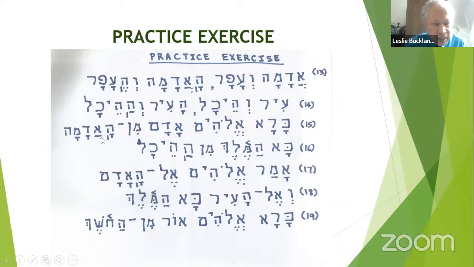And to facilitate this hurrying, then this vowel here has to be shortened to a composite shua. This is hatef or katef pathak, which is a hurried pathak. So you don't stay long over the aleph, you hurry to the last syllable. So it's athama.